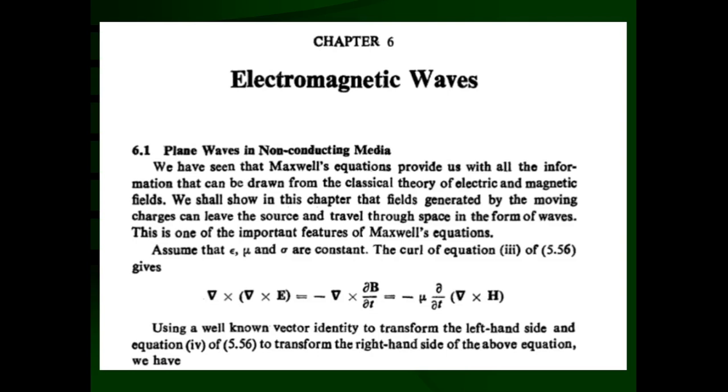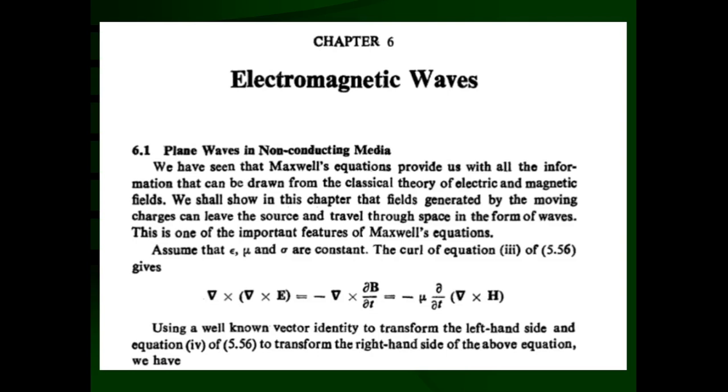That means electric field and magnetic field waves are generated from this source, and they will travel into space or a medium with the velocity v, which we are going to prove over here. That is an important feature of Maxwell's equations that we are going to derive. We are starting with equation number 3.